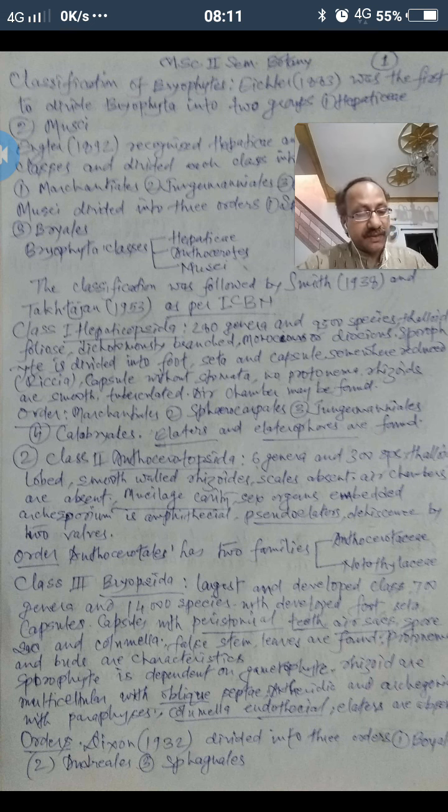Protonema and buds are characteristics. The sporophyte is dependent on the gametophyte. Rhizoids are multicellular with oblique septa. It is also characteristic. Oblique septa are the unique characteristic.